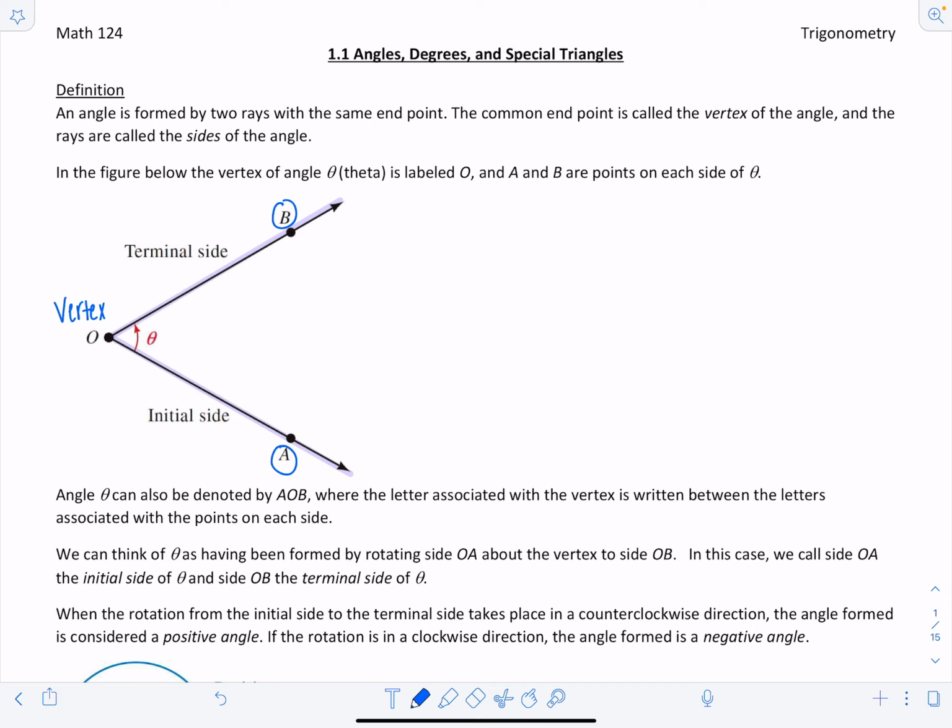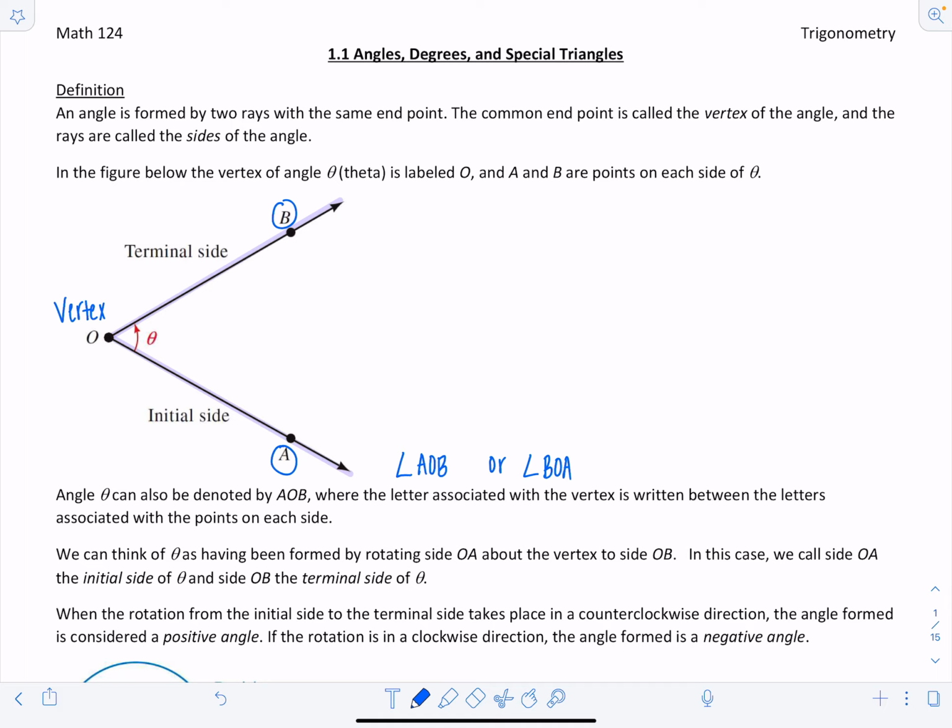And you might have seen this sort of notation maybe in previous math classes if you took some sort of geometry, where you would write angle AOB, or it also could go the other way. I mean, why not? Angle BOA. But typically we won't refer to angles that way just because it involves a little bit more messy notation.